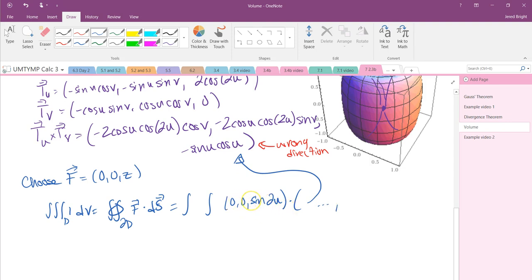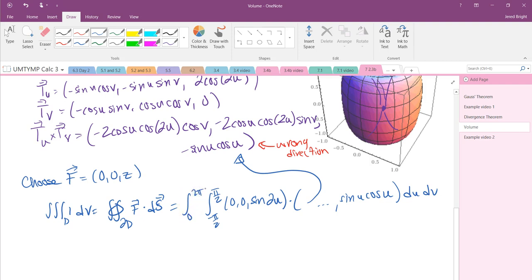The x and y components are going to dot to 0, so I really only care about the last part, which is sin u cos u, accounting for that opposite direction. Then du dv, and the bounds, which were given earlier on, are -pi/2 to pi/2 for u, and 0 to 2 pi for v.